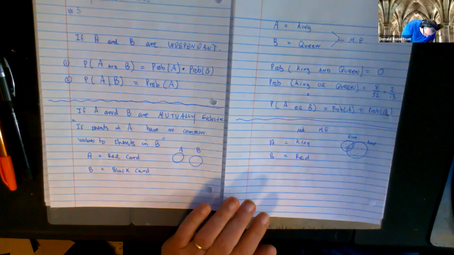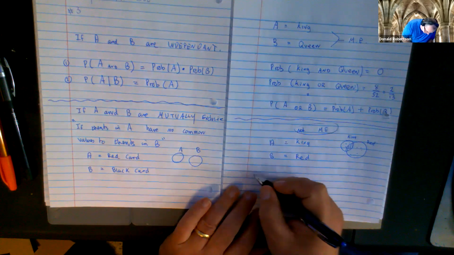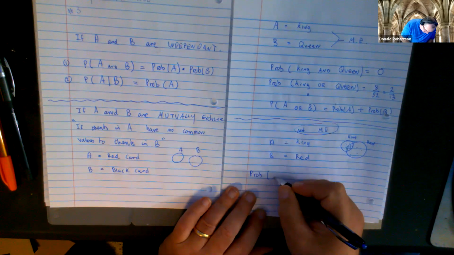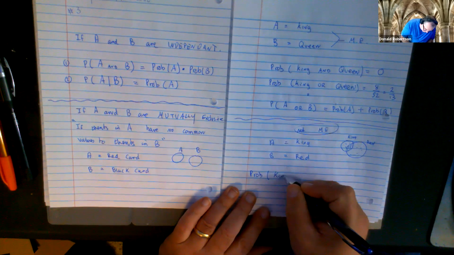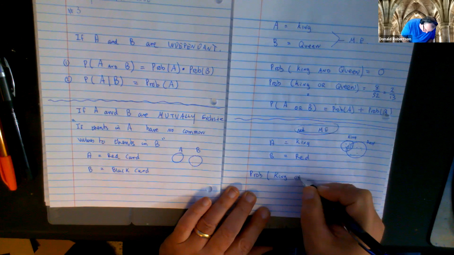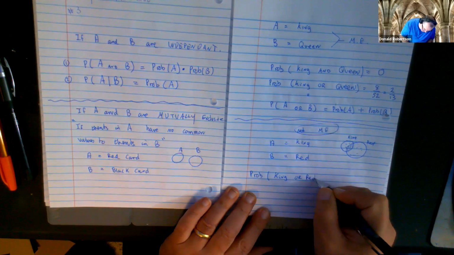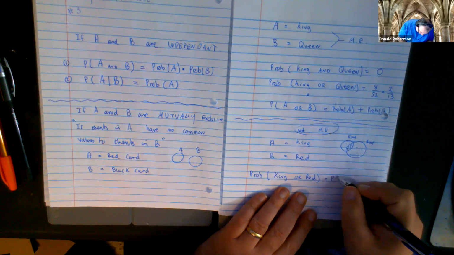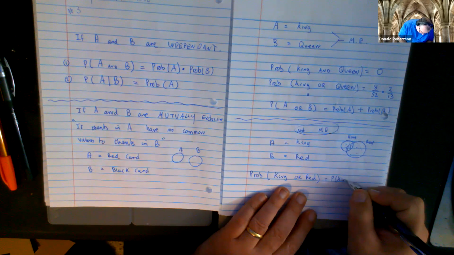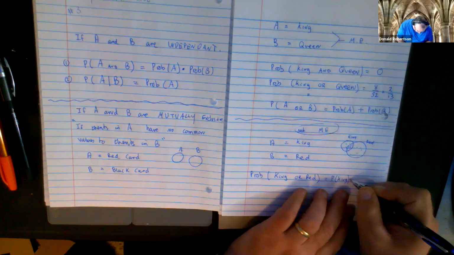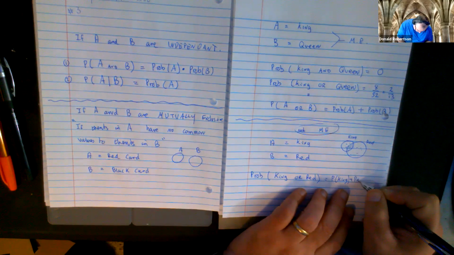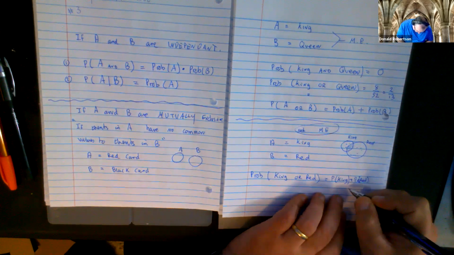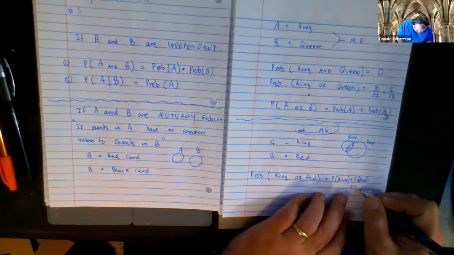So if they're not mutually exclusive and somebody asks the OR question, what's the probability you get a king or a red card, then it gets a bit messy. You find the probability of getting a king and you add the probability of getting a red, but then you take away the probability that you get both.